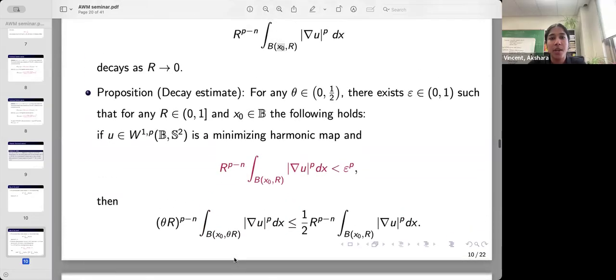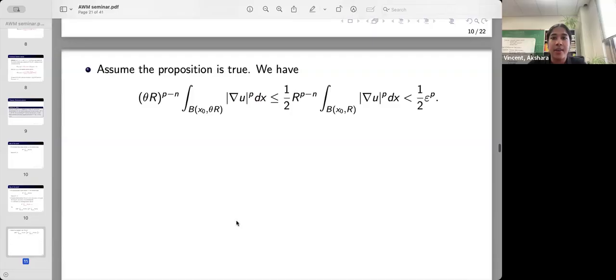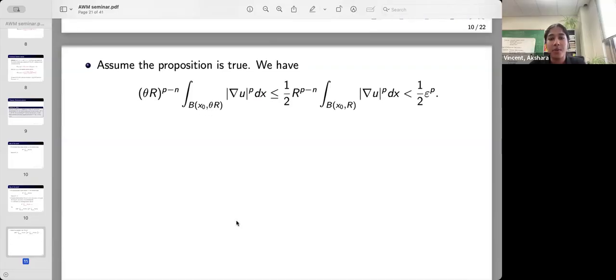Suppose for now we assume that we have the result. How does it help us? Once we assume there is a decay in energy, that means we can go to a smaller ball and the normalized energy is still bounded. Now we can do an iteration on this result.